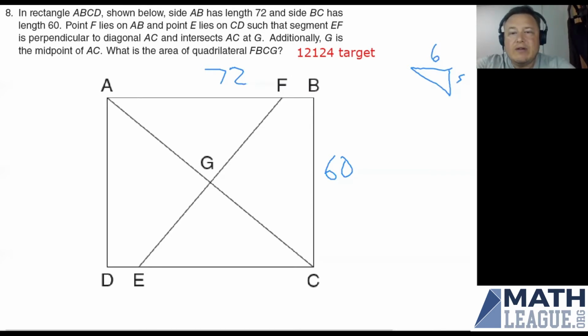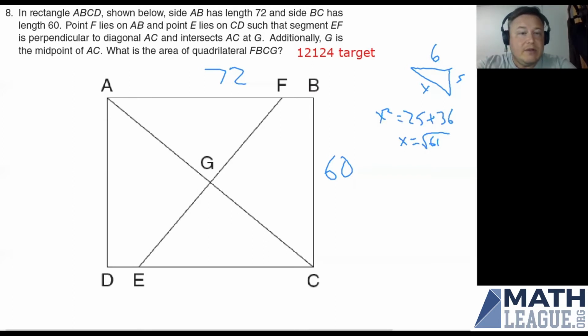So what is the hypotenuse? We'll call that x for now, and we see that x squared equals 5 squared, or 25, plus 6 squared, or 36. 25 plus 36 is going to be 61, so x is the square root of 61. Now, of course, that means that AC is 12 times the square root of 61.